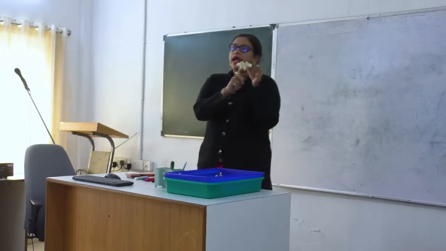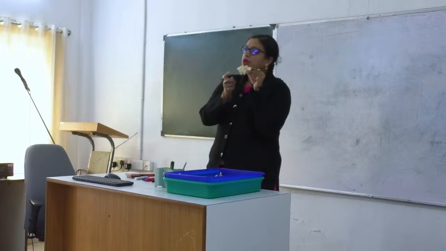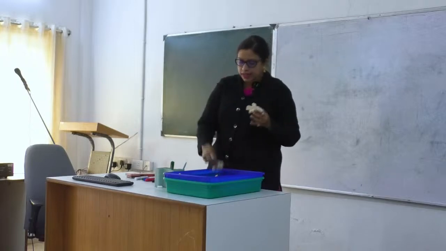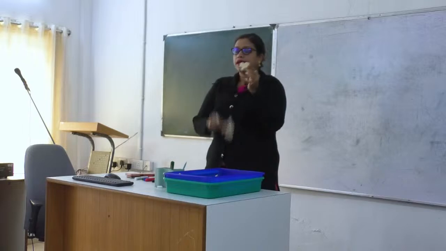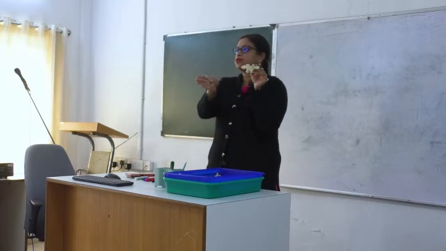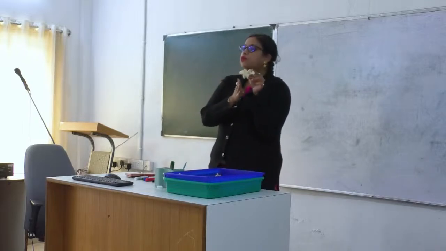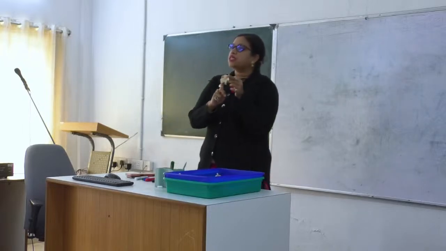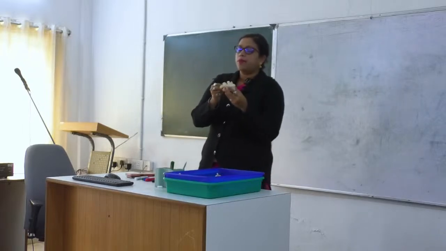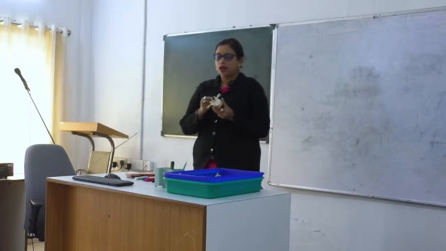It is broad and directed straight. It is not downwards. See, the other spinous processes we have seen are downwards, but here it is just projected straight. Or you could write projected backwards. It is quadrangular in shape and projected backwards and horizontally.